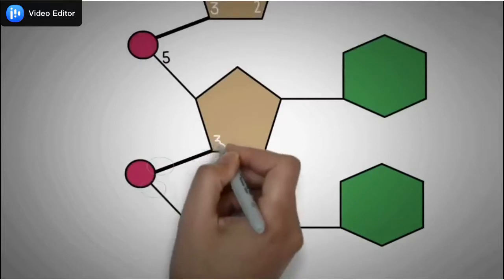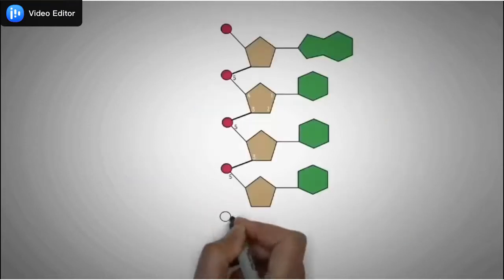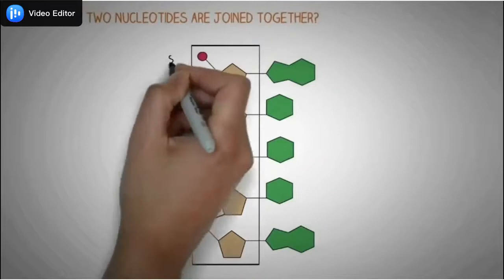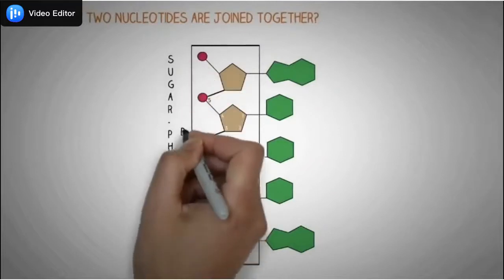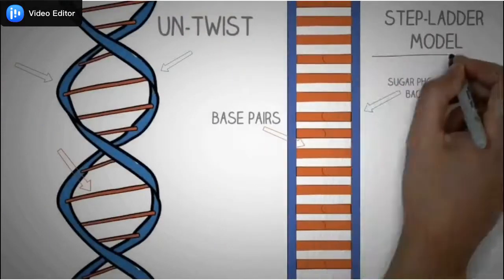By this way, the number 5 carbon is getting attached with the number 3 carbon of the next nucleotide. By this way, the long chain of the backbone is produced on one side. So, this arrangement of the nucleotides follows some rules which can be described as directionality of nucleotides.